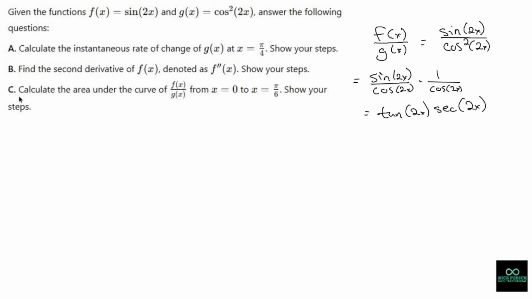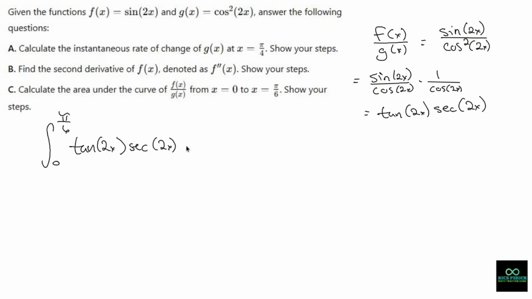To calculate the area under the curve, that is going to be an integral, and we're going to integrate it from 0 to pi over 6. Show your steps. So I'm going to integrate from 0 to pi over 6 tan 2x secant 2x.